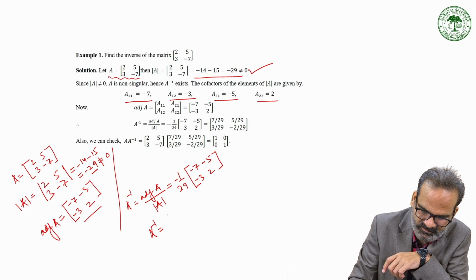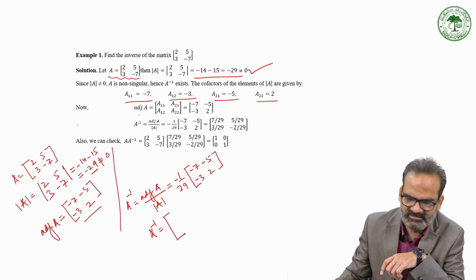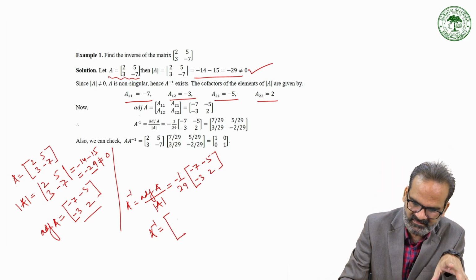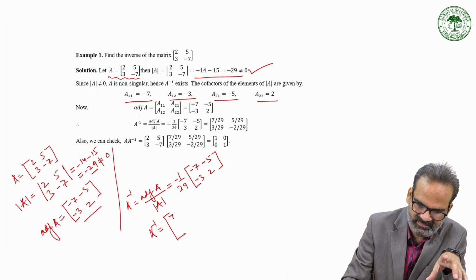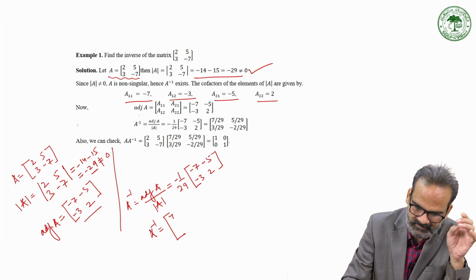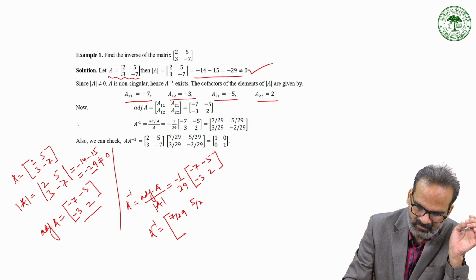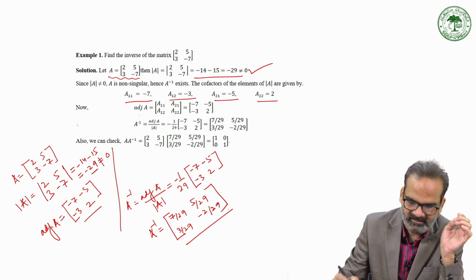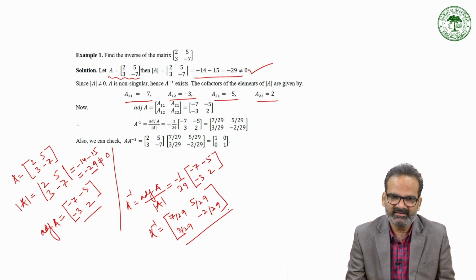A inverse is simply 1 upon 29 multiplied with this matrix, and you will get 7 upon 29, 5 upon 29, 3 upon 29 and minus 2 upon 29. This is the inverse of the matrix A.